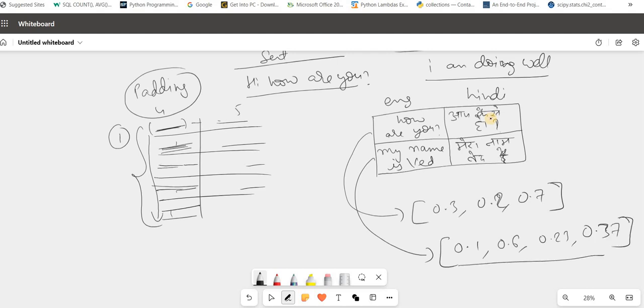Now this one has 4 and this one has 3, so the model will throw an error. A model always expects a fixed dimension. That was the problem even with the encoder decoder.